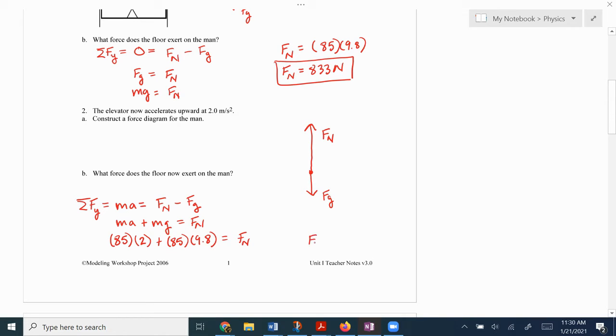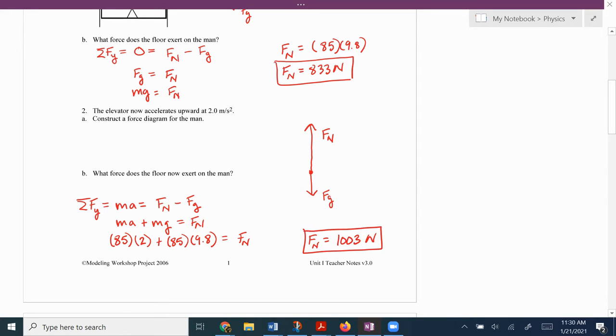When we plug all that together, 85 times 2 plus 85 times 9.8 gives you 1,003 newtons. Noting that the normal force is bigger than the force of gravity, right? Because this is 1,003 newtons and the force of gravity is only 833 newtons.